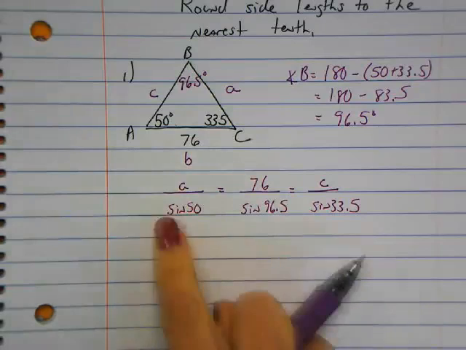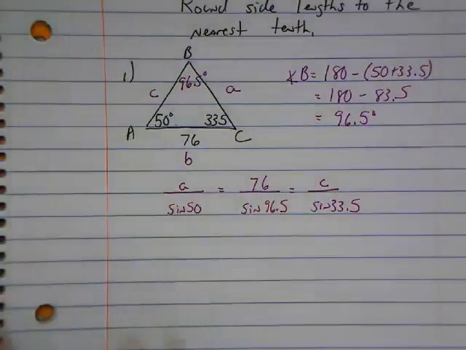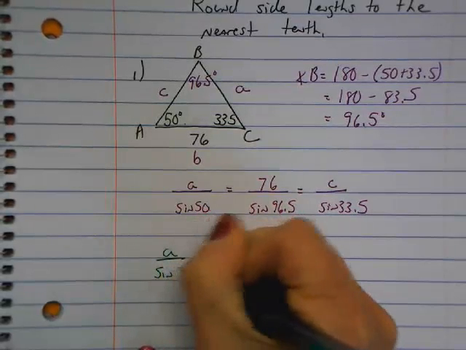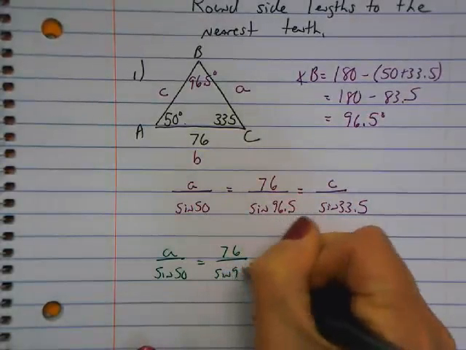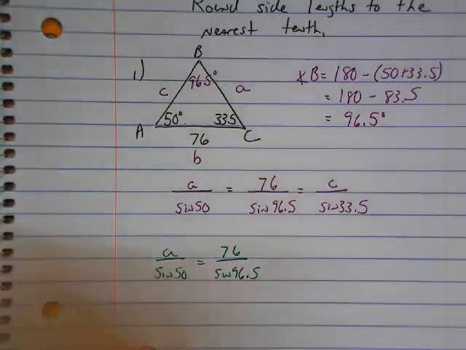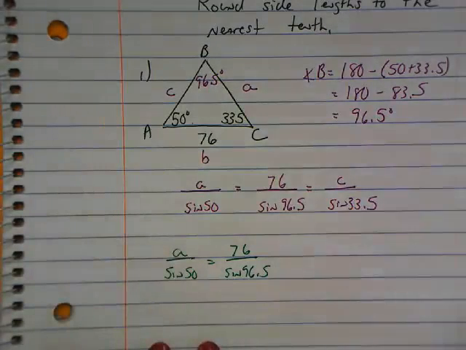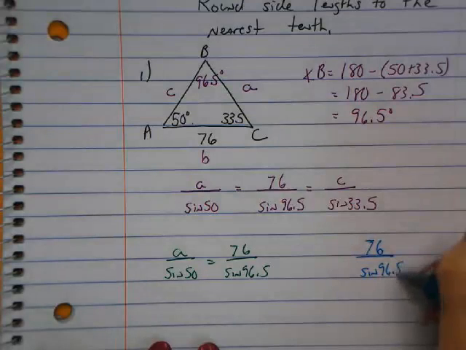Well, this is a proportion. What I'm going to do is chop it into two pieces. So I have a over the sine of 50 equals 76 over the sine of 96.5. And likewise, I have 76 over sine 96.5 equals c over sine 33.5.